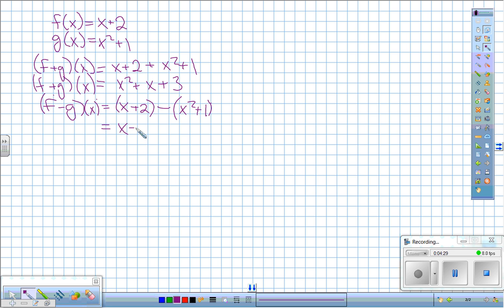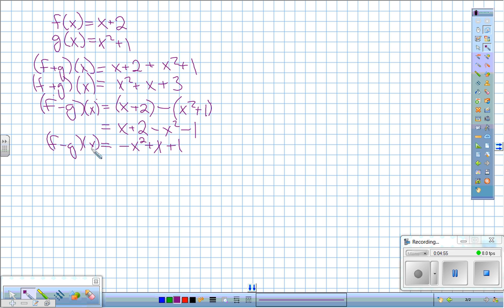So this will be x plus 2 minus x squared minus 1. So f minus g of x will look like negative x squared when we write it in standard form with that highest degree first, plus x plus 1, since 2 minus 1 is 1. Okay, so that's how you're going to do minus.